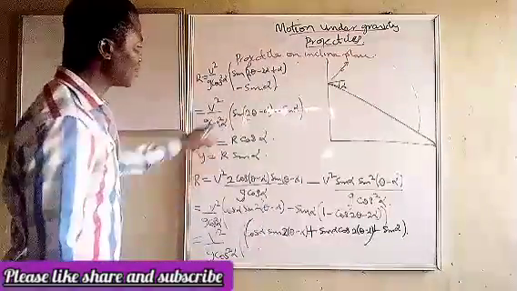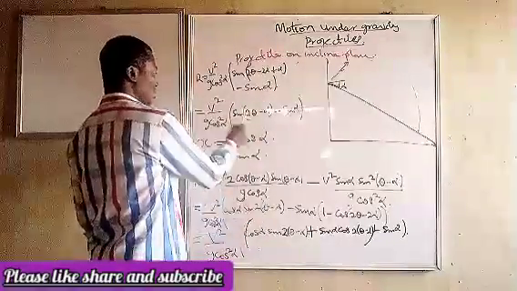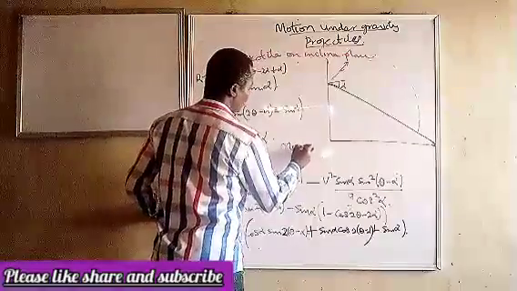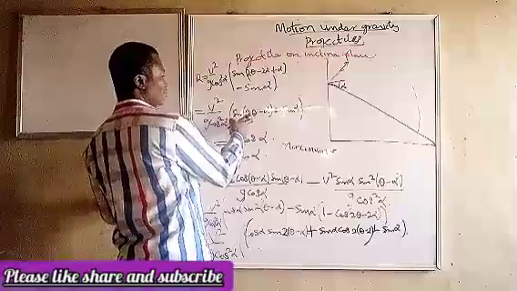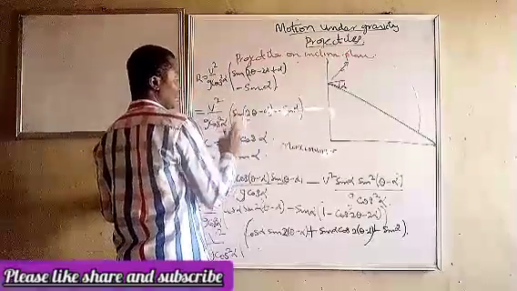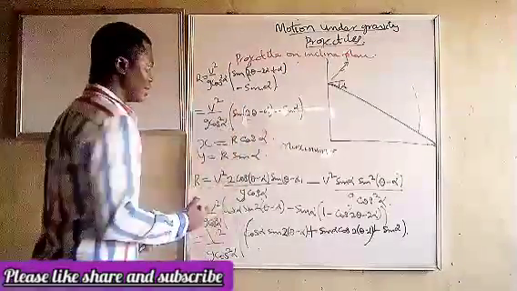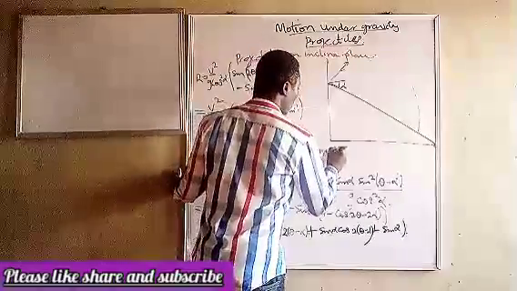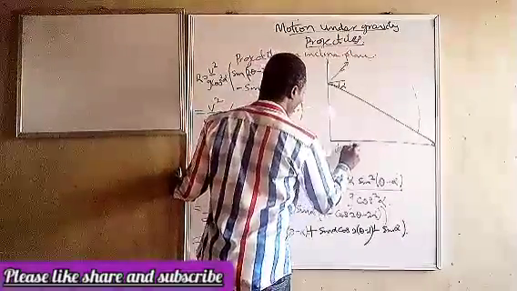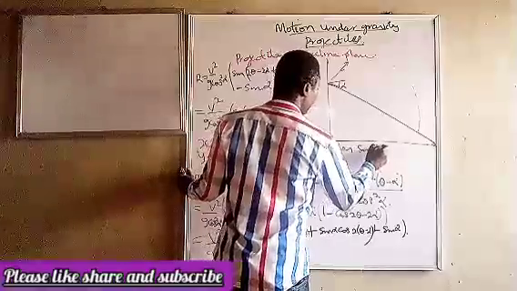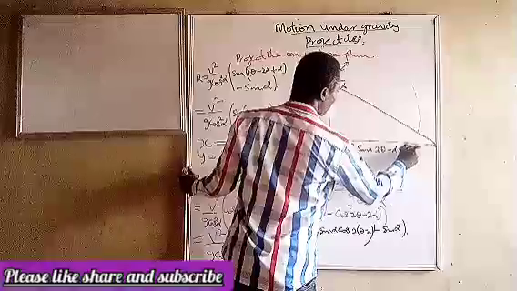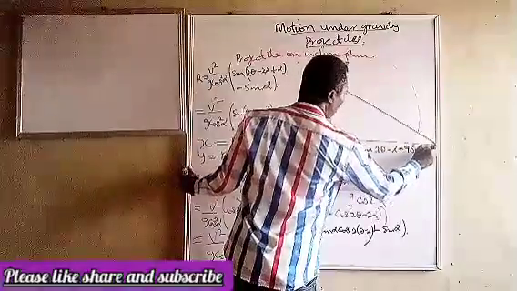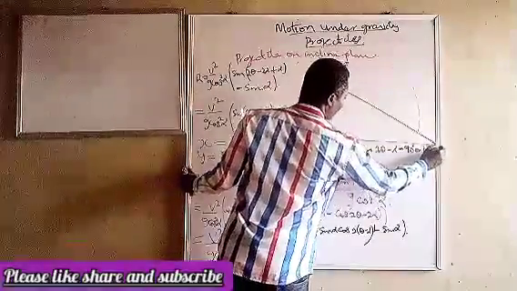For us to have maximum r here too, it means that this one must be 1. That is the maximum value for sine. So that is when sine of 2 theta minus alpha equals 90 degrees or pi over 2 radians.